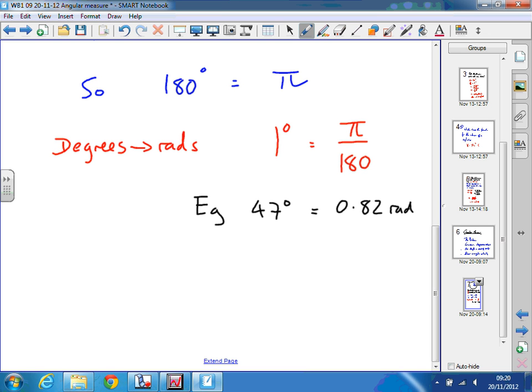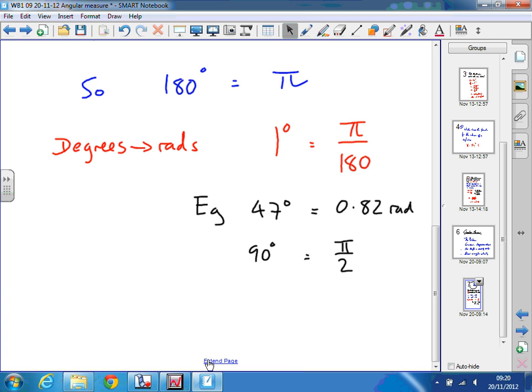So I've converted 47 degrees into radians. 90 degrees is pi over 2, or we could convert that to a number. 3.142 over 2 is about 1 point something, but leave it as pi over 2.